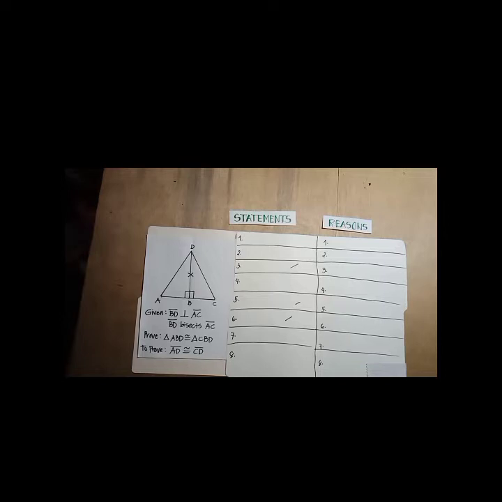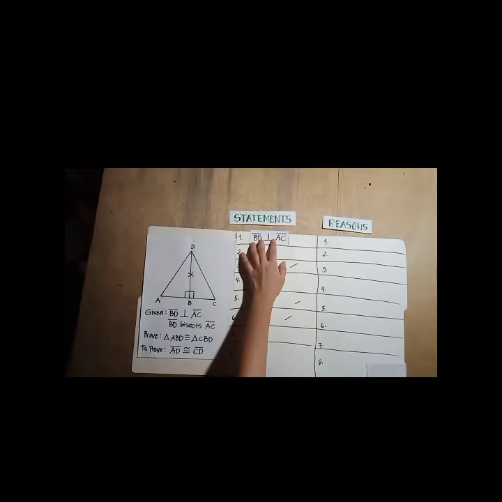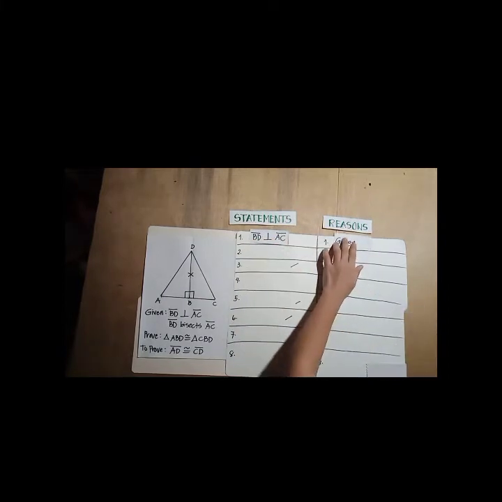So now let's start filling in this table. Our first given here is that line segment BD is perpendicular to line segment AC. Our first statement here is this, and our reason is that it is our given.